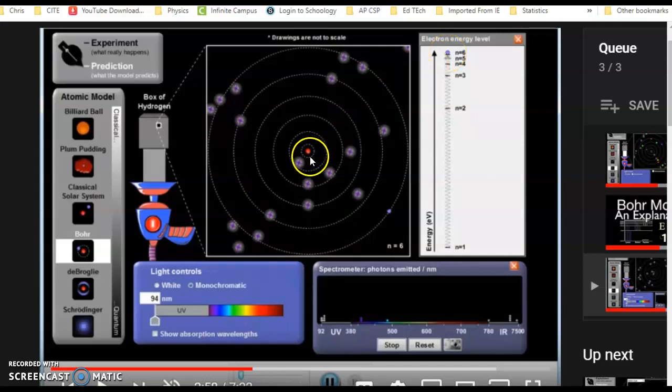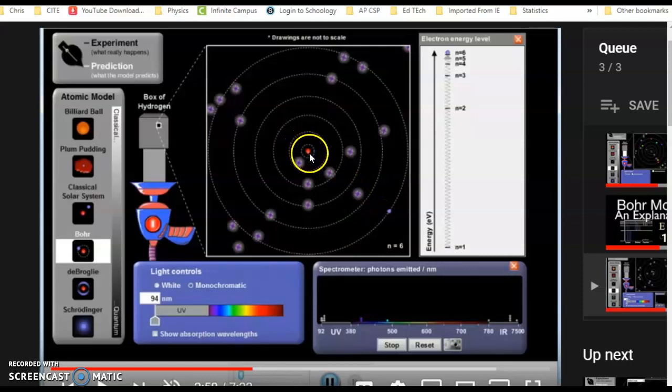Now, it turns out that it can only absorb very specific frequencies. If this photon of energy that came in had a little bit less energy, say the perfect amount of energy to transition it to somewhere between energy level 5 and energy level 6, it wouldn't absorb that energy, because it wouldn't be the right amount of energy to get it to transition perfectly to one of the energy levels for hydrogen.